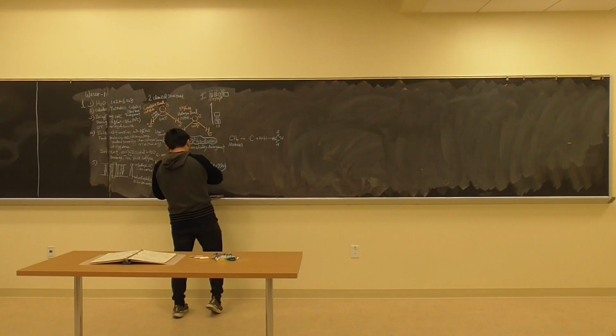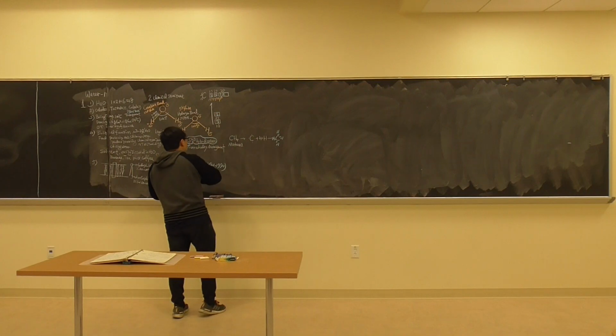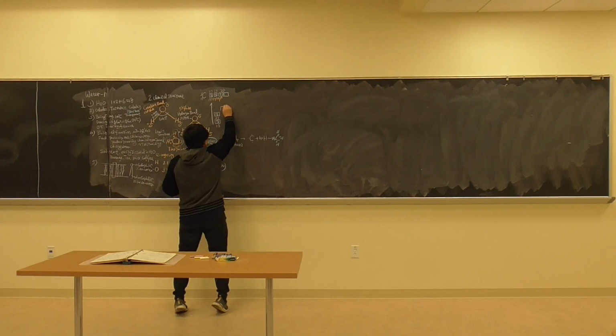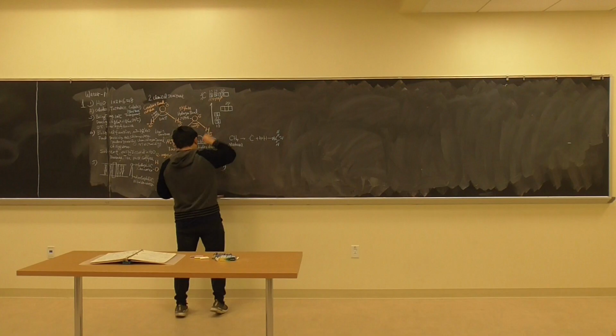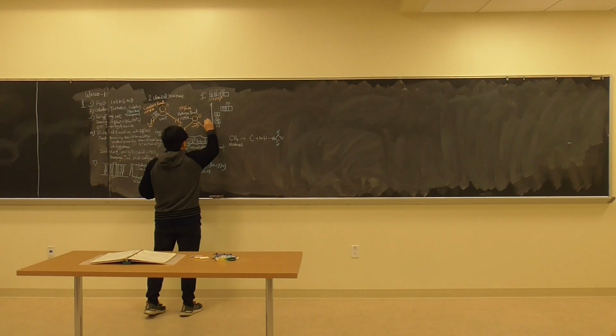Here that's up, down. Then we have a 2p right here. That's 2p, and we have up and down, up and up. Okay, now the energy level, we know this goes from low to high.